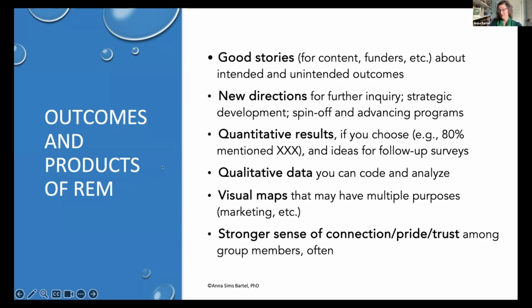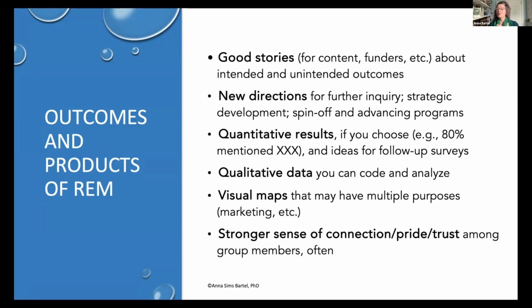You can also get quantitative results. So, for example, 100% of participants said that being seen and valued by that university was the single biggest impact of the program. You can get great ideas for follow-up surveys and other kinds of data that you can render quantitative.